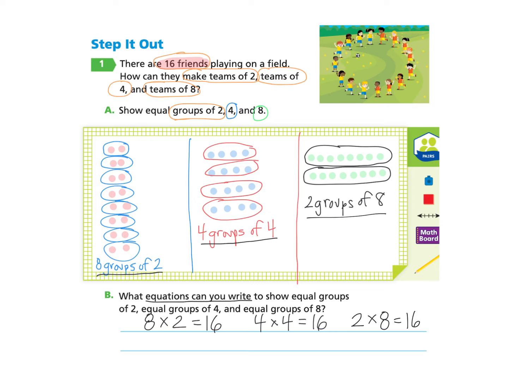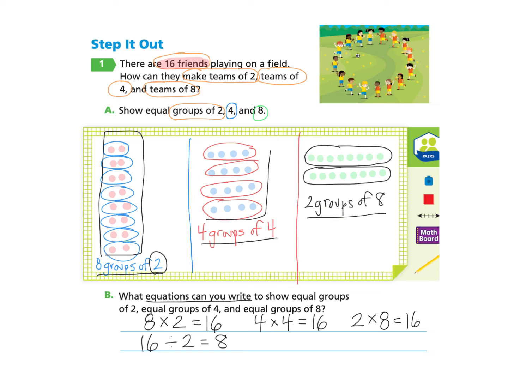Now we're going to create some division equations. So we'll start with this first group here, where we had 16 total, and we decided to put them into teams of 2. So we divided that 16 into teams of 2, and we found that there were 8 teams. So it was 8 groups of 2 there.